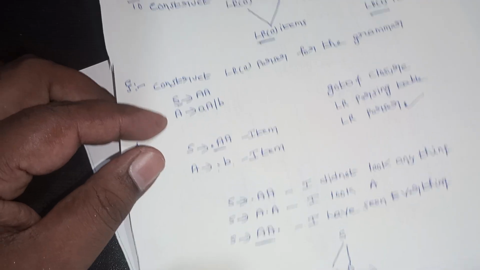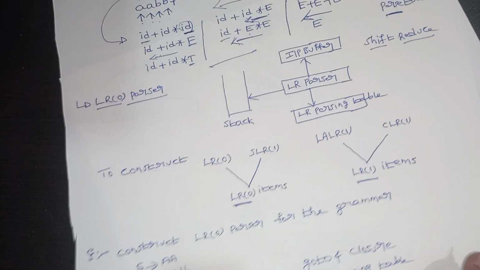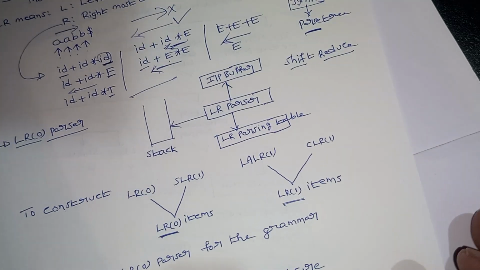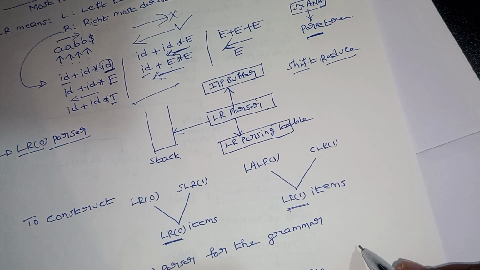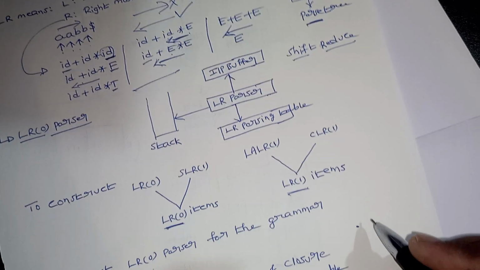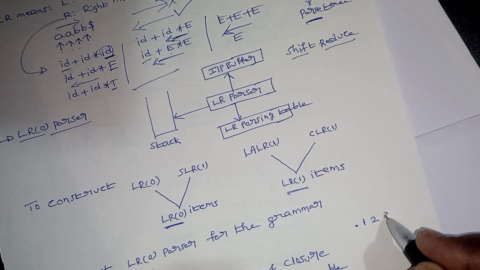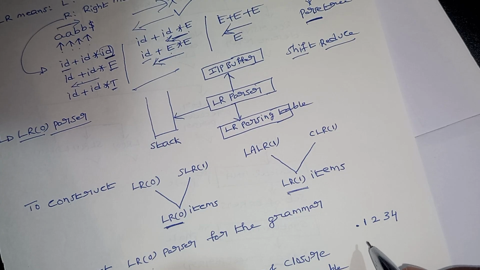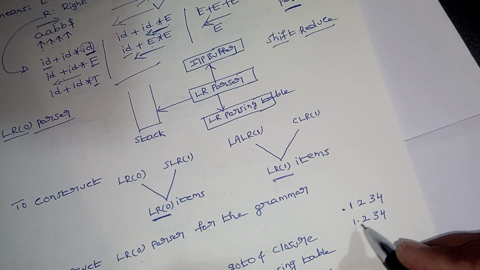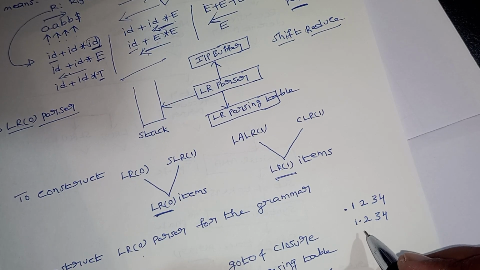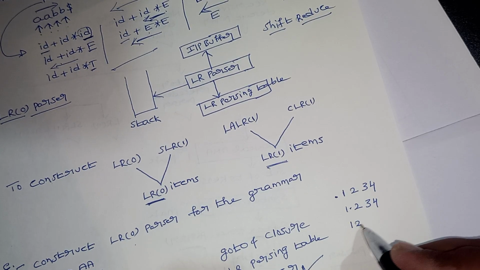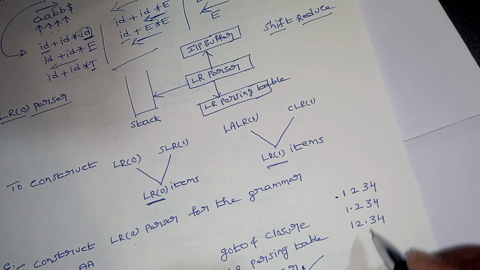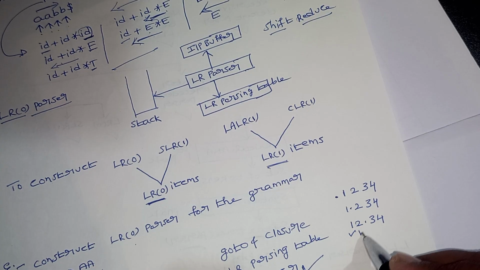If you take one more example, say B.Tech. When you are in the first year, you write dot 1 2 3 4. It means this is an item actually. You have not completed any year. When you write 1 dot 2 3 4, it means I have completed the first year. When you write 1 2 dot 3 4, I completed first year, second year.